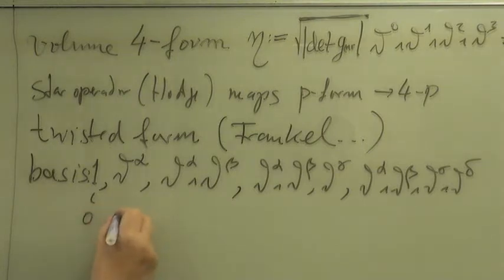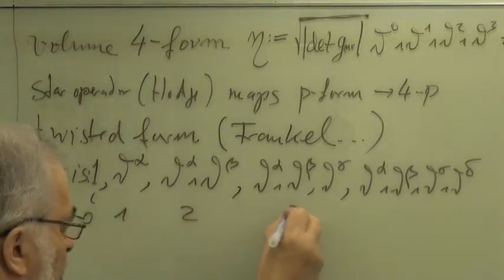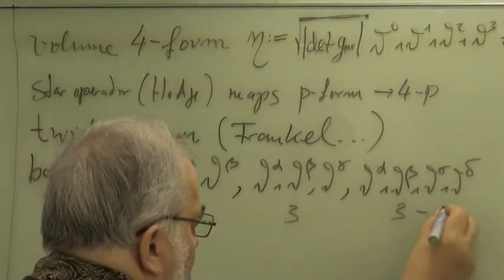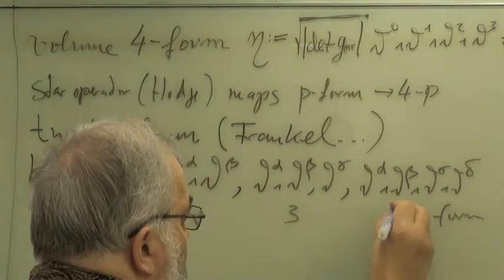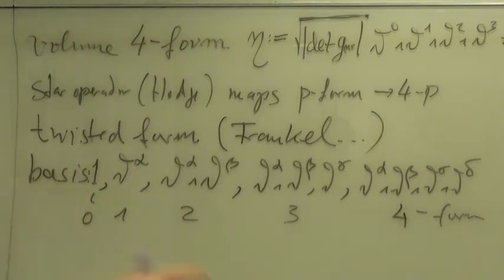So you have here a 0, 1, 2, 3, and 4-form. And you can always develop your quantities, if you know their form character, with respect to these spaces. So we call this the theta basis.